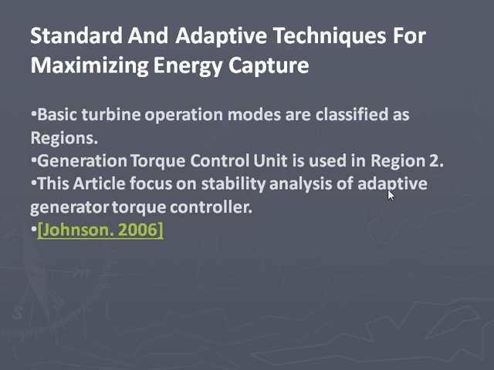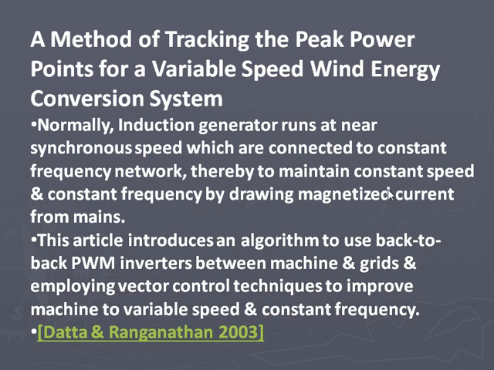Adaptive is something like you give a certain set of values where it should operate. Like if the turbine is operating in a reverse direction, you don't get a particular output. I'm trying to explain what adaptive is; this is what is explained in this paper. And the second paper is a method of tracking peak power points for variable speed wind energy conversion systems. In this paper, induction generators are normally run at synchronous speeds only because the stator is connected to the grid mains.